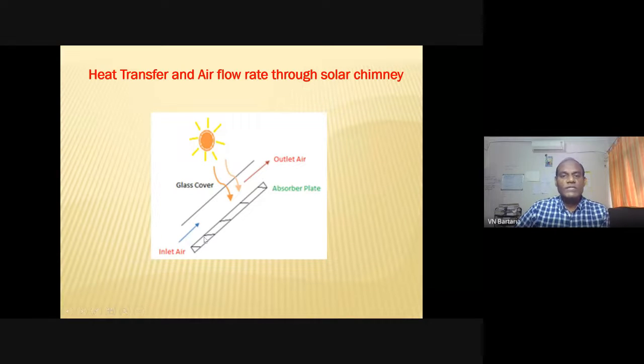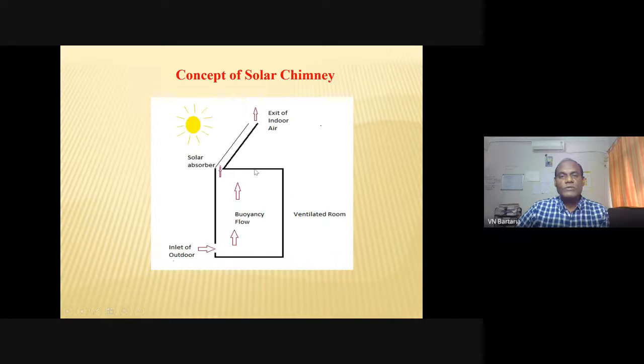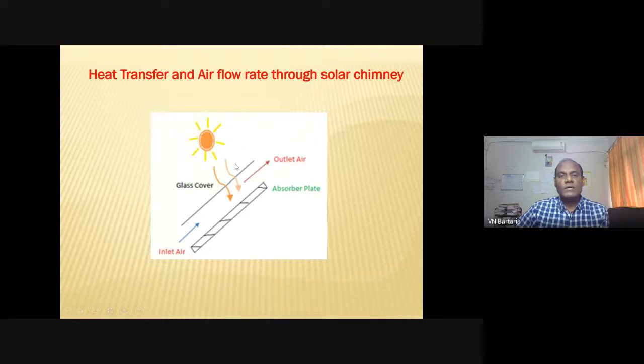So as you can see, the solar chimney passage has an absorber plate. The absorber plate may further have different structures so that its effectiveness can be improved. It is normally painted black, and it is normally kept rough. Some more modification can be done on the absorber plate to make it more effective.